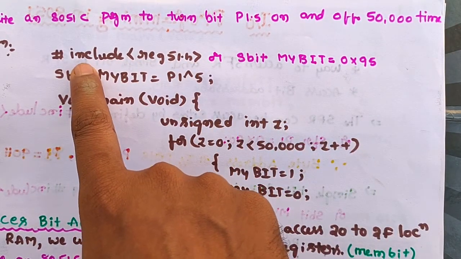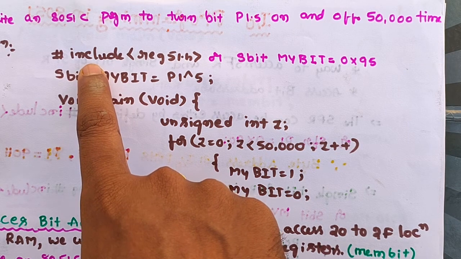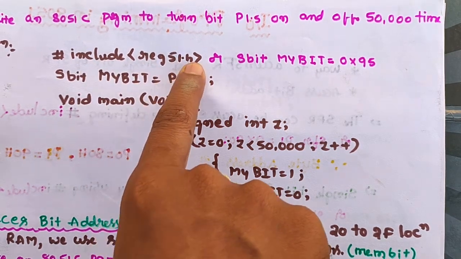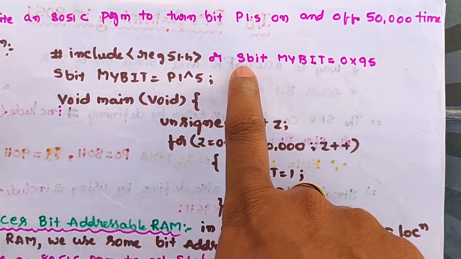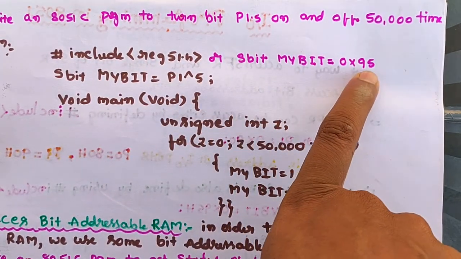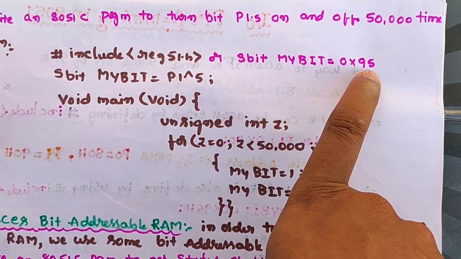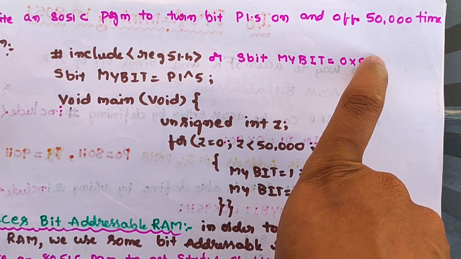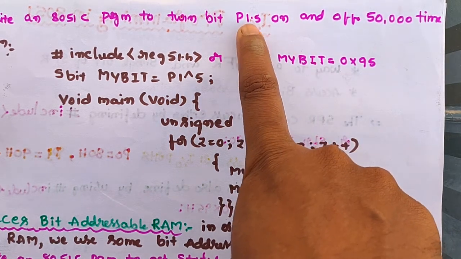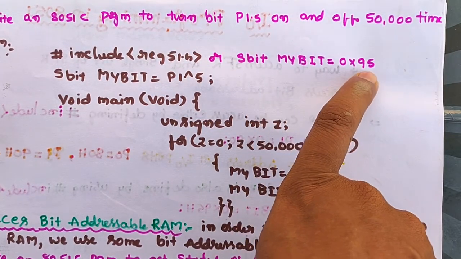Here I mentioned that you need to write the program and include the library file reg51.h. If you do not mention this, you can mention it as sbit mybit = 0x95. 95H is nothing but the memory location address for P1.5. If it is P1.6, you need to mention it as 96.